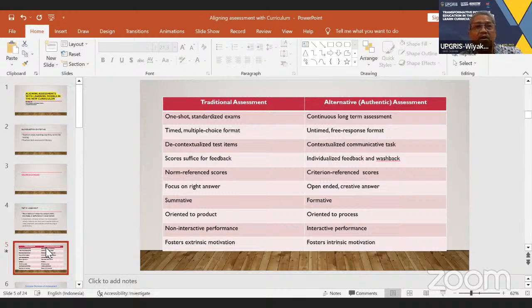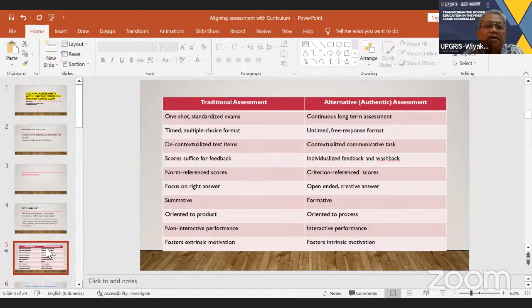Authentic assessment and alternative assessment are similar. These are the differences between a traditional assessment and an authentic or alternative assessment, taken from Brown's book.